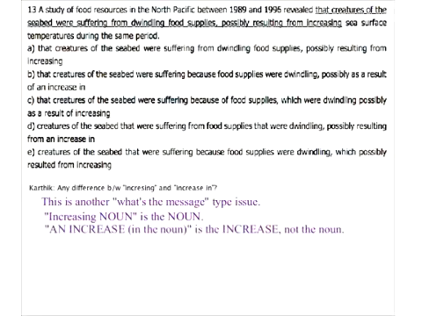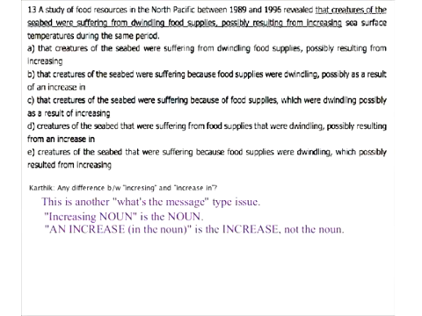So, for example, here are four more examples of this kind of thing.